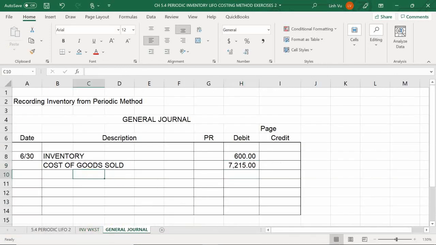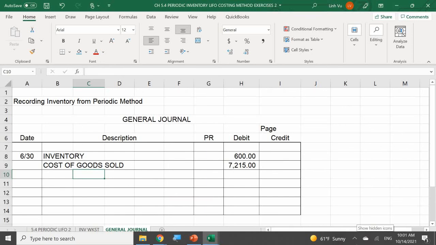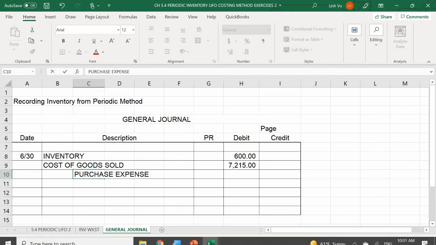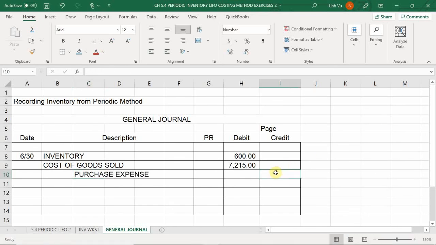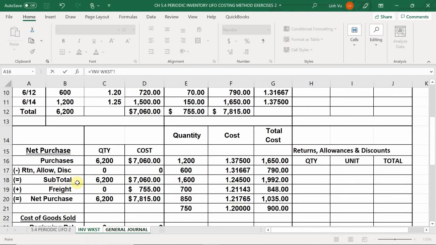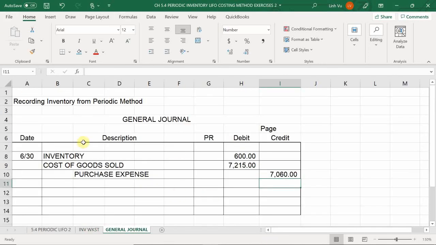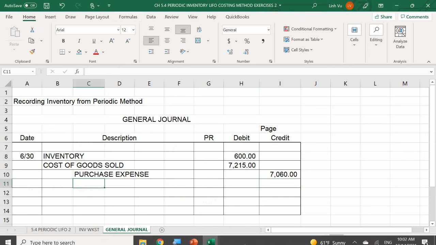What else do I need to recognize here? Purchase expense, which was a total cost of 7,060. And what's the last thing I need to recognize here?